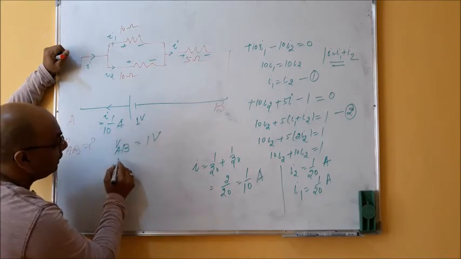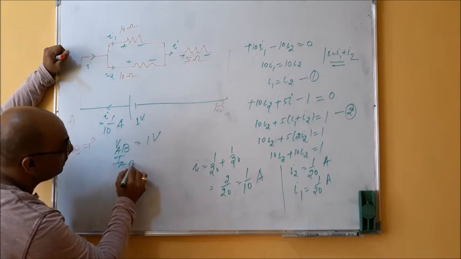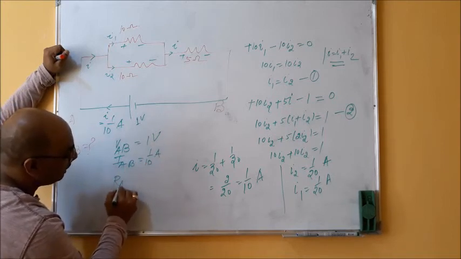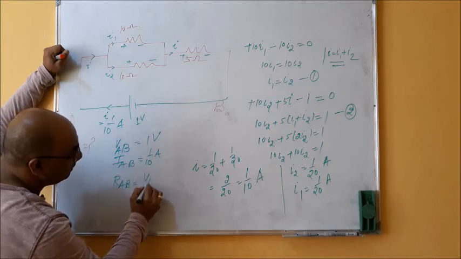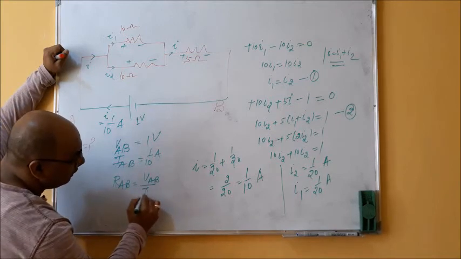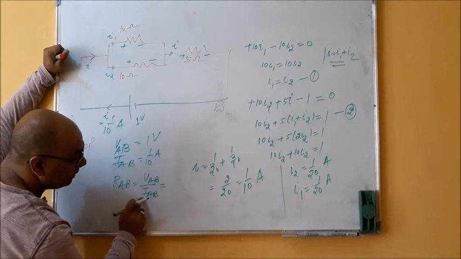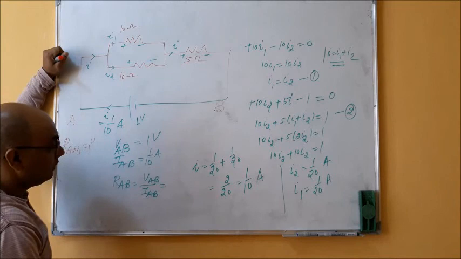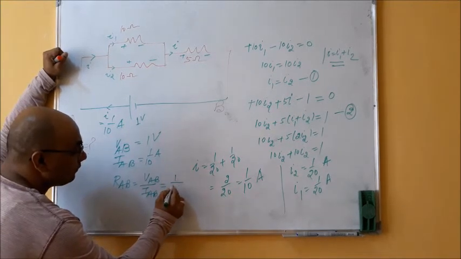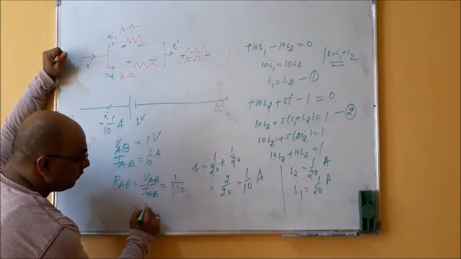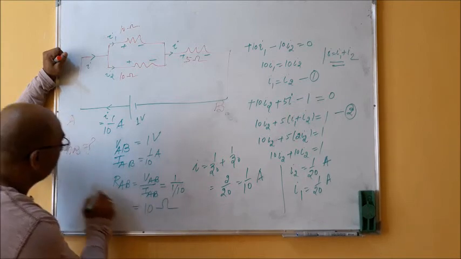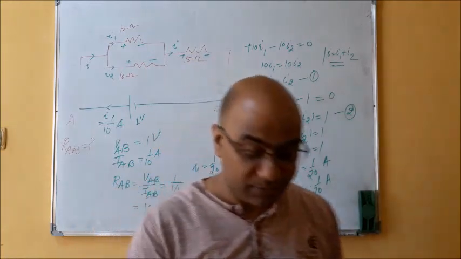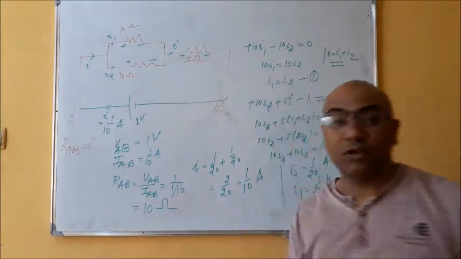The current flowing in AB is 1 upon 10. So if I want to know RAB, it is simply VAB divided by IAB. Now put the values, which we have seen: the equivalent resistance between A and B is 10.